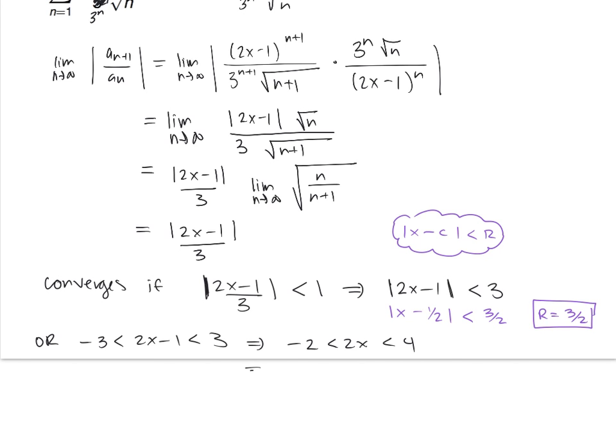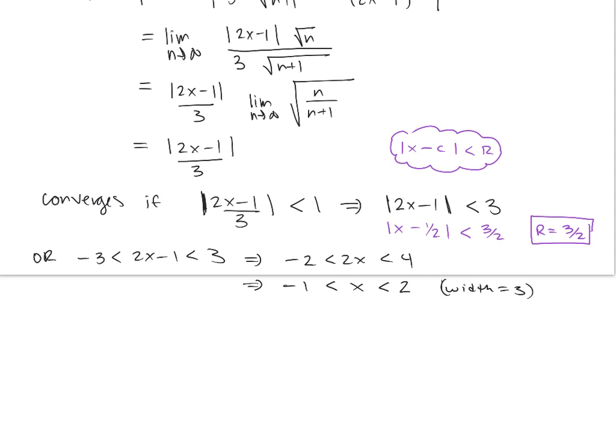Which implies that x is in between what things? And, I'm sorry, I made a mistake. Look at how wide that interval is from end to end. Width equals 3, and you know that the radius is always half the width, right? So the 3/2 does make sense, right? Okay.